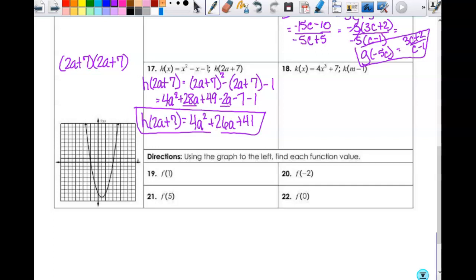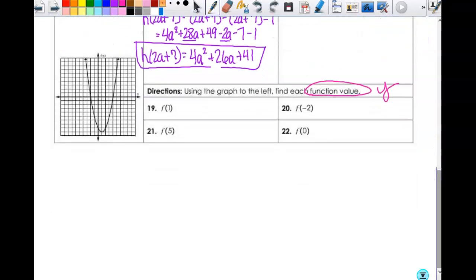All right, so this last part, to make sure we are understanding what's being asked of us. So it says, using the graph to the left, find each function value. The value of the function is the y's. Okay, that's the value of the function. So when it asks you for f of 1, well, we know that this is the x. So the value of that is the y.